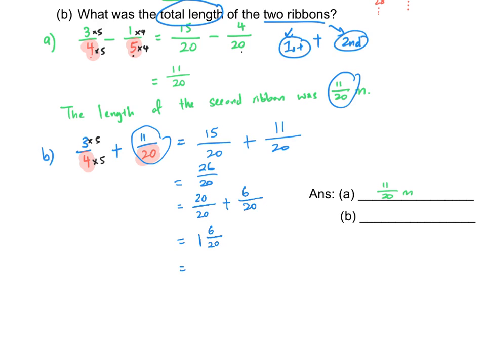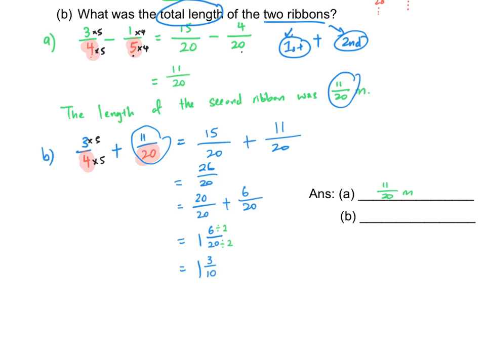And remember, change it to the simplest form. They can both be divided by 2. So 1 whole remains. 6 divided by 2 is 3. 20 divided by 2 is 10.